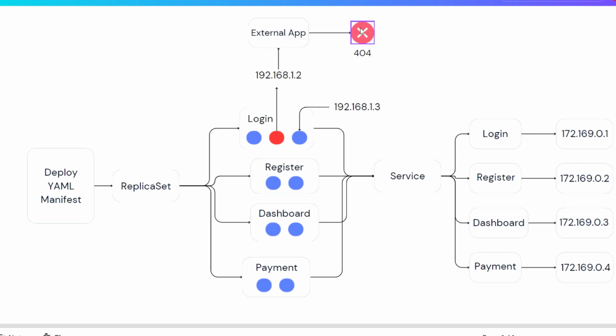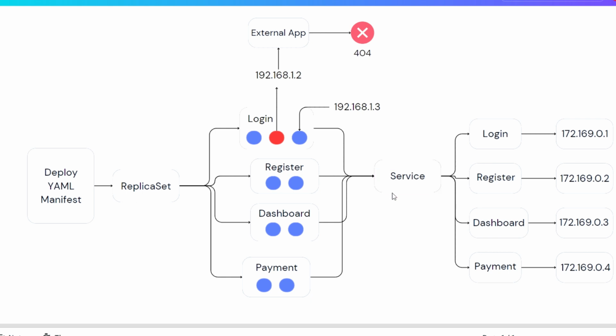The replica set continuously monitors these pods. If there is no pod, it will create a new pod, but the new pod has a different IP address, and it is not accessible to the outside world because no engineer has configured it with the external application. For that reason, we came up with services, which have a mechanism called labels and selectors.